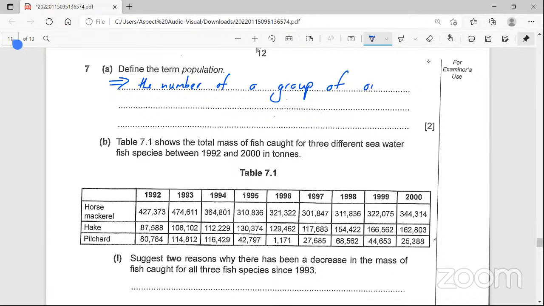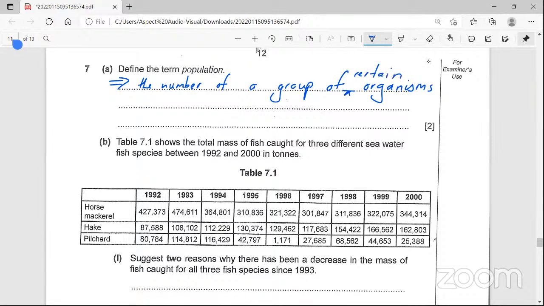In the same ecosystem. Yeah, I think that's correct. Ecosystem in the same area. Still correct. So what do you say, environment? Yes, still correct. Of a group of certain organisms, right?